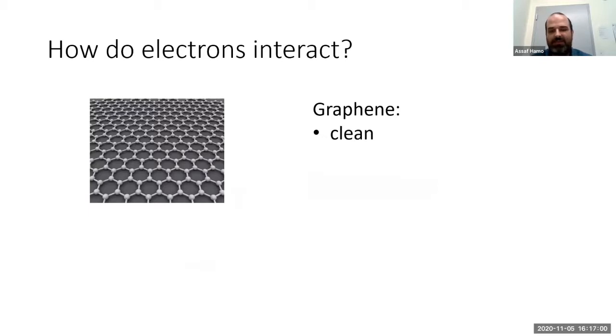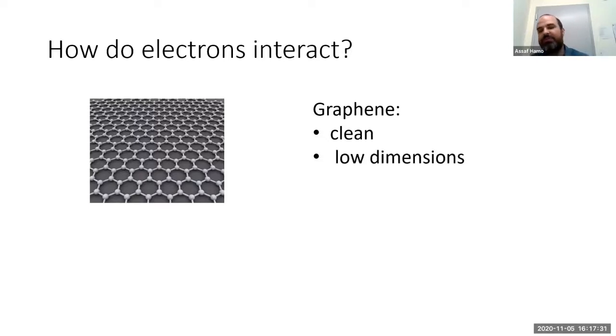As was mentioned here, a lot of the problems when you want to get hydrodynamics in electrons is disorder, and the fact that graphene can be made extremely clean, meaning that you have almost no impurities in the system, allows you to reduce the interaction only to phonons. And because phonons have a strong dependence on temperature, the interaction between electron and phonon has strong dependence on temperature, it's possible to control this interaction.